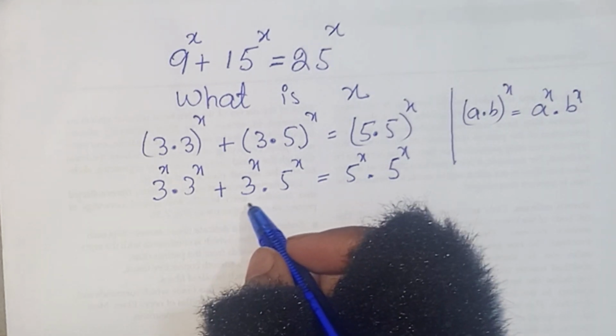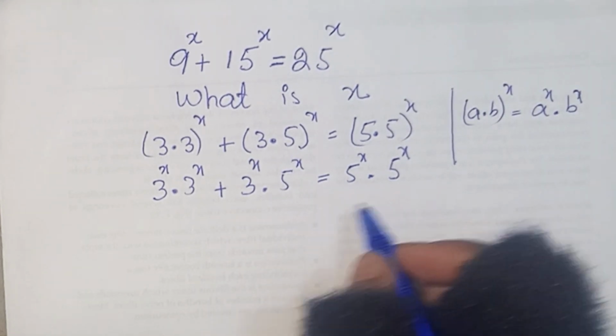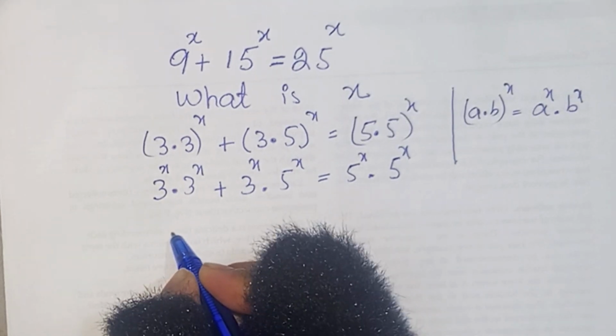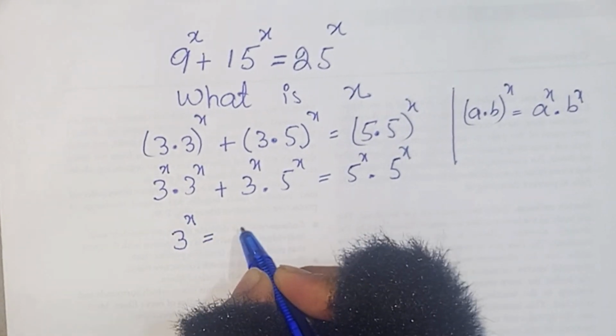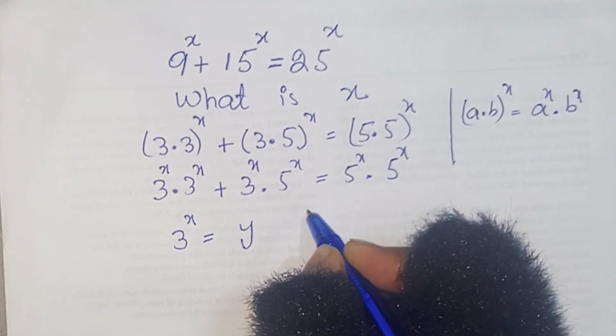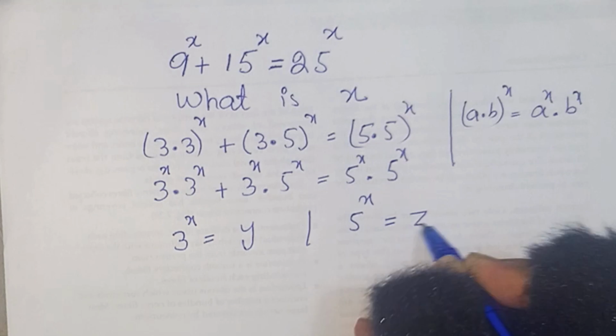3 raised to the power x and 5 raised to the power x are involved in all the terms. So we let 3 raised to the power x equal y and 5 raised to the power x equal z.